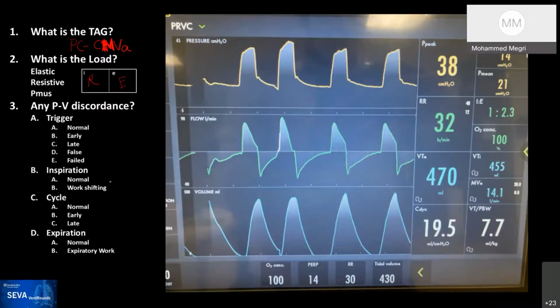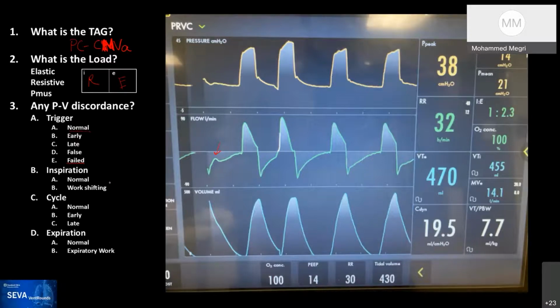Trigger wise, it looks like there's a failed trigger before the first breath. And I don't see any other trigger abnormalities or desynchronies.